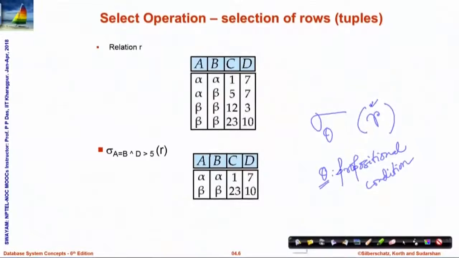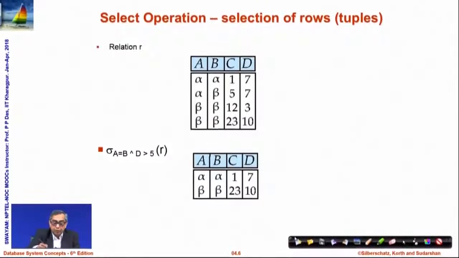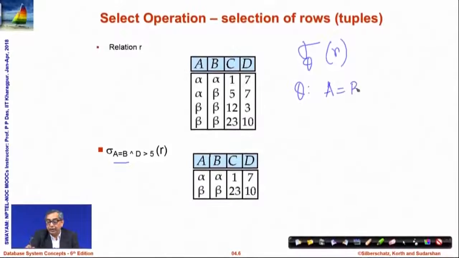Let us look at this example. Our condition theta is A is equal to B and D is greater than 5. It says that for any row to be selected, the value of its A attribute should equal the value of its B attribute, and when that happens, the value of its D attribute must be greater than 5.